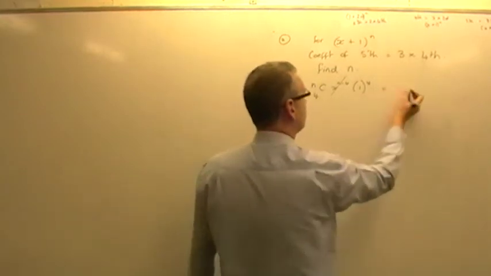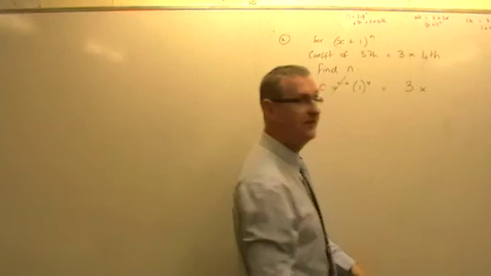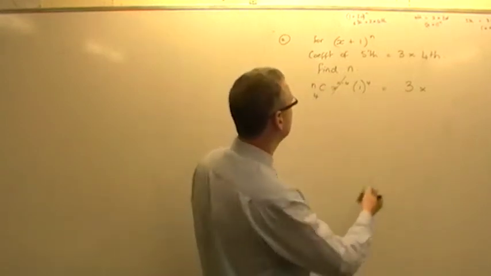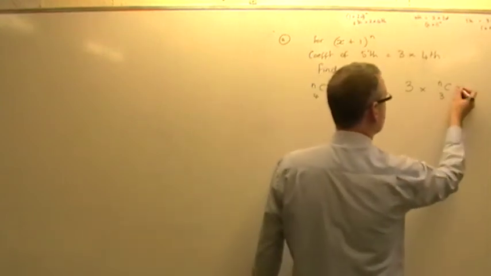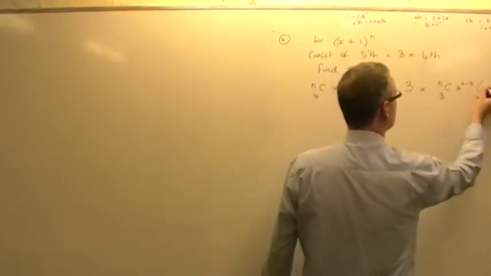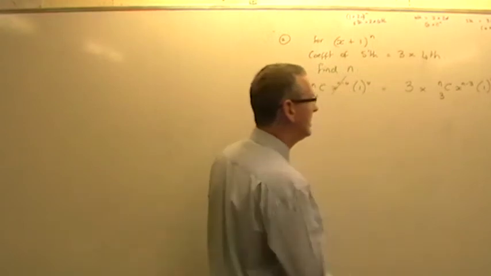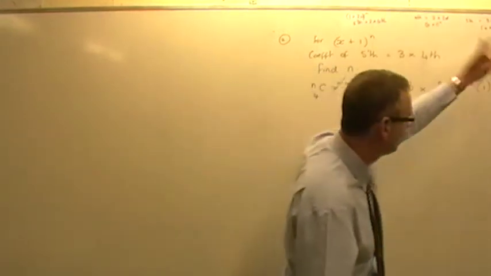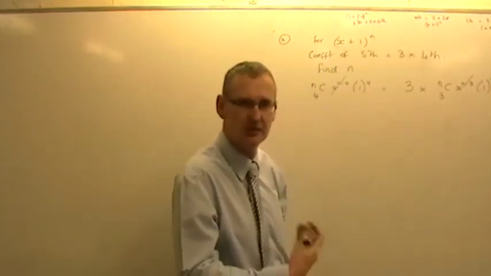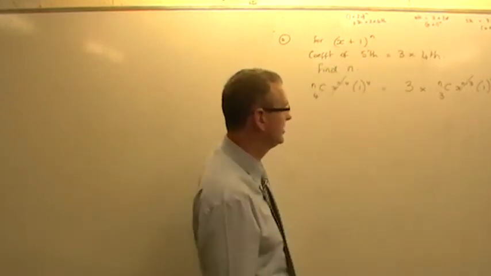And that is going to be the same as 3 lots of the 4th term. The 4th term will be n choose 3. It's going to be x to the n minus 3 multiplied by 1 to the power 3. I'm not really interested in the x's, I'm only interested in coefficients, and the 1 to the 3 is irrelevant because 1 to the 3 is 1, times by 1 it doesn't change things.